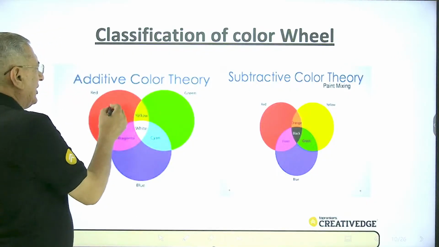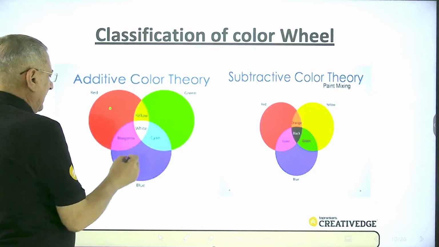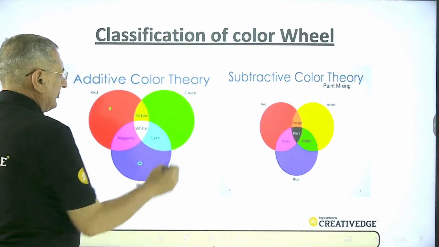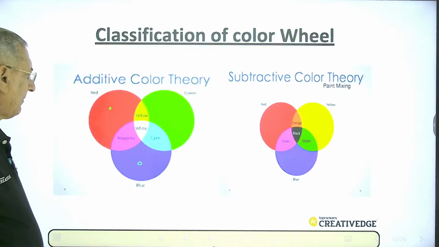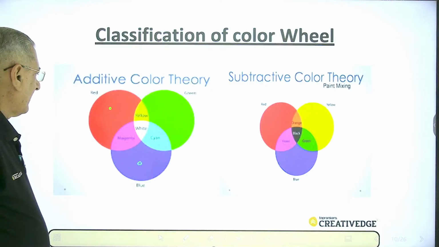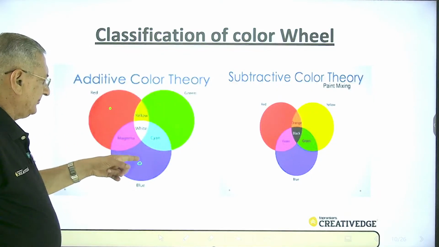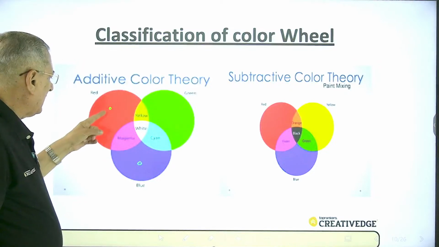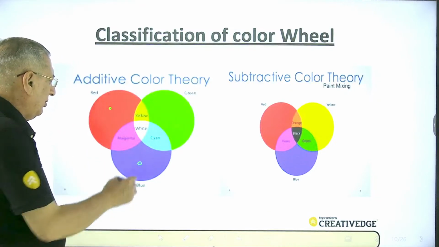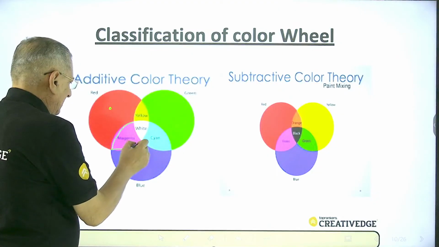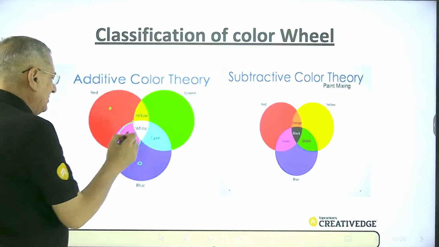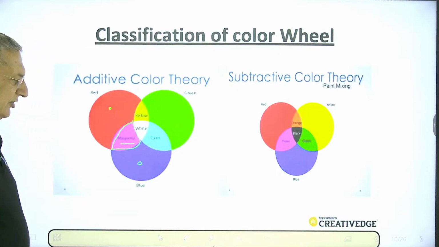Additive color theory means the basic colors are red, blue, and green, the RGB. When red and blue are thrown individually, let's say, in an empty place, then you get a mix of these two colors.